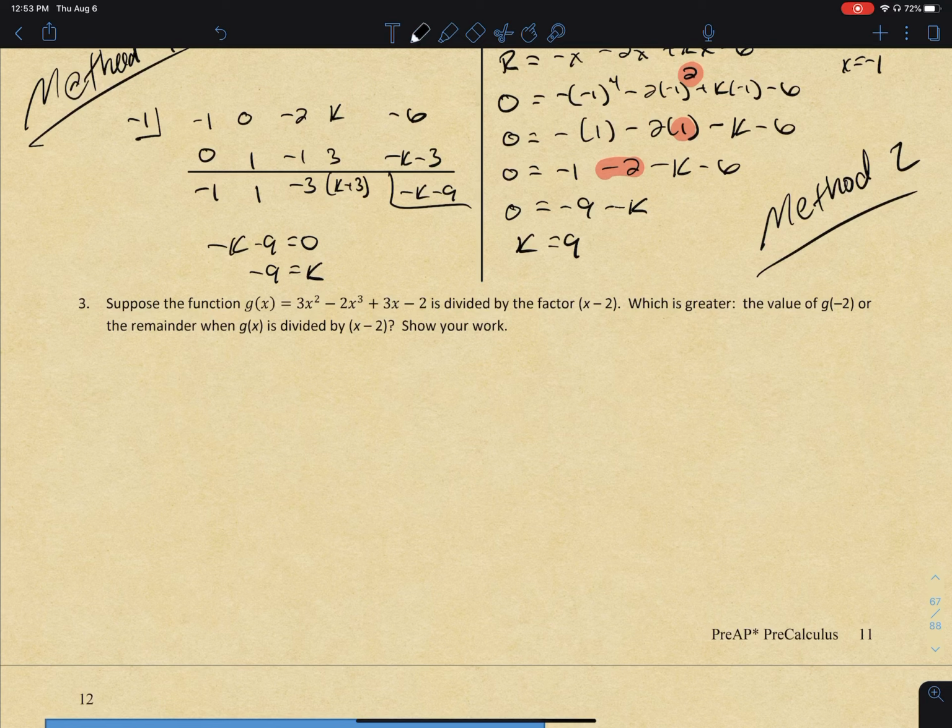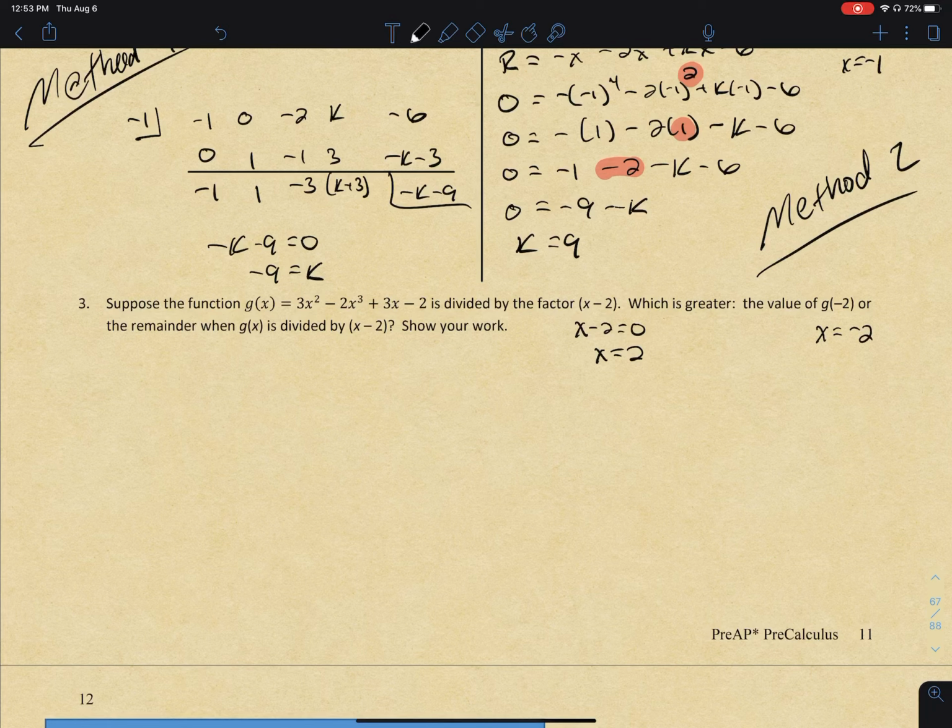So my choices are, in both cases, if x minus 2 is a factor, then that means the a that I have here is actually 2. If we're using g of negative 2, then here we're saying that the a value we have is negative 2.